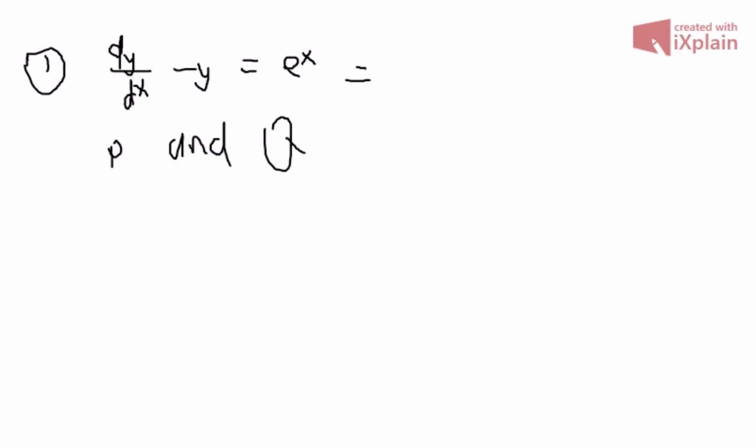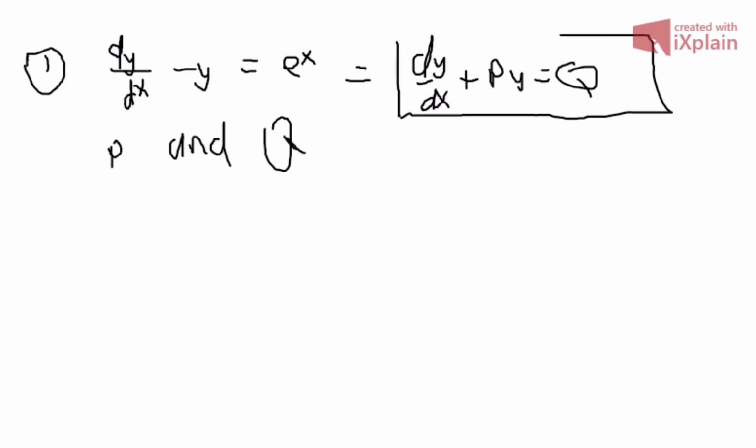Because in the standard form, we can just say dy over dx plus py is equal to q. Just wanted you to relate. But why am I saying we have to check for p and q? So when I say p and q, that means my standard form will be something like this. Now, my p is -1 and my q is e to the power x.